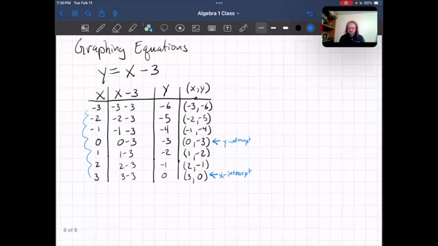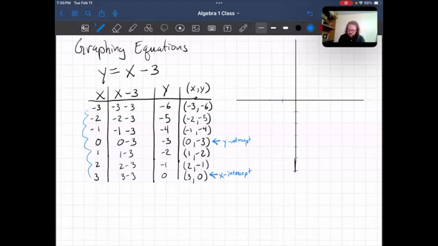So let's draw those on the graph. I want that to be a black line. There we go. Okay. So for negative 3, I had negative 6. 2, 3, 4, 5, 6. Didn't go far enough.